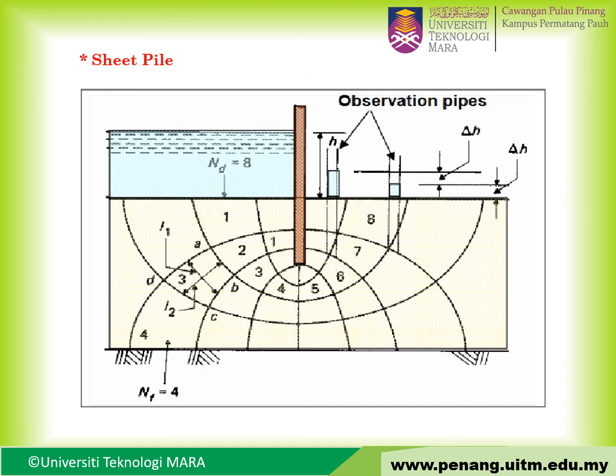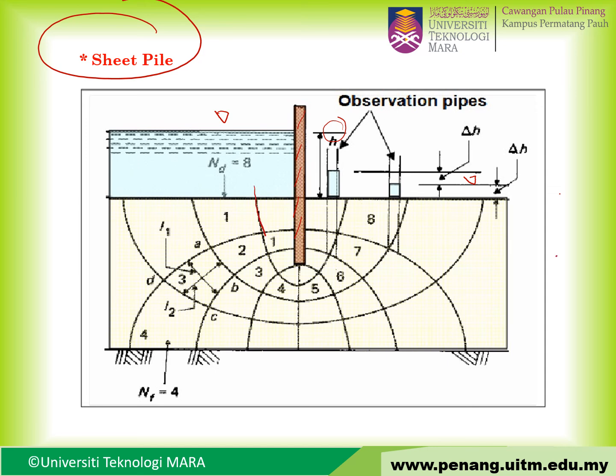Now we go for the sheet pile. This is an example of a sheet pile. You have one sheet pile, so you have the upstream and then you have the downstream. First you have to know the values of upstream and downstream to determine the delta H. It's not the head. Second, you have to draw the flow lines from upstream to downstream.